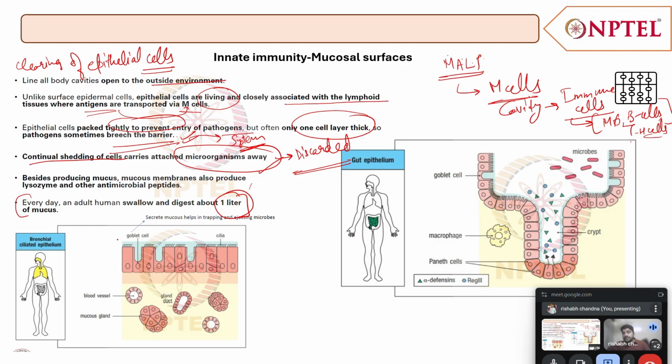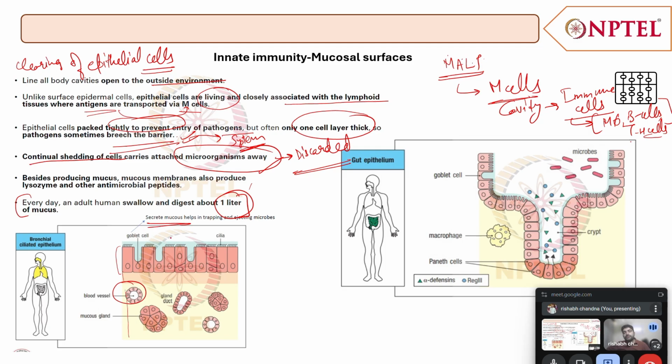So this is the bronchial ciliated epithelium. Bronchial means respiratory tract. As you can see here, this is a blood vessel, this is the inner lining of the blood vessel and this is the outer lining. This is the mucous membrane. This is a goblet cell that secretes mucus, helps in trapping and ejecting microbes.